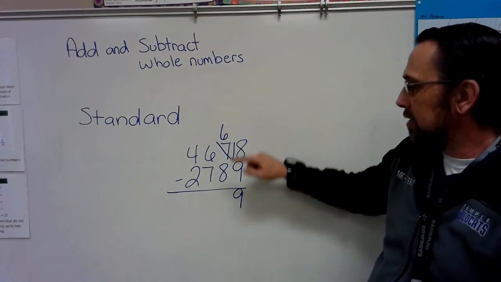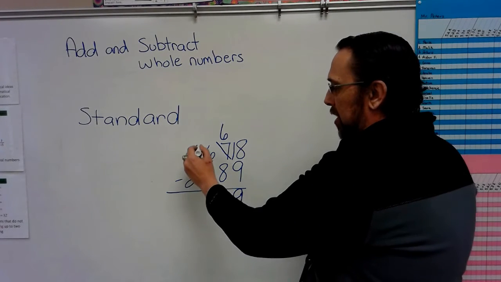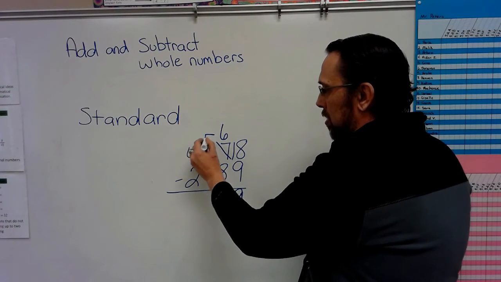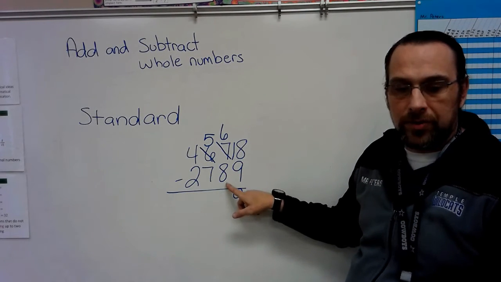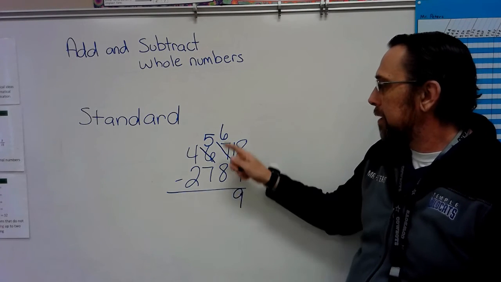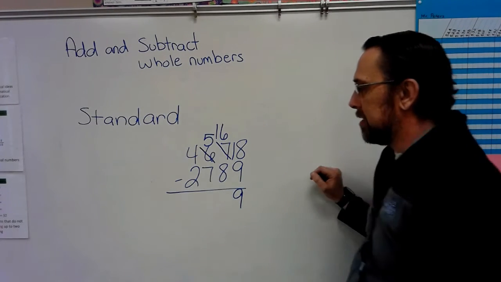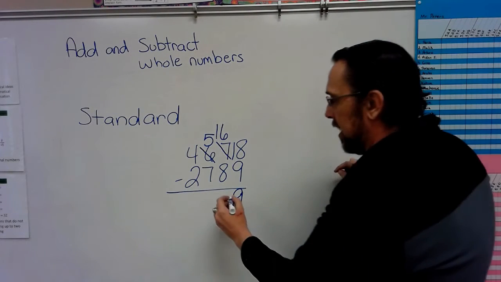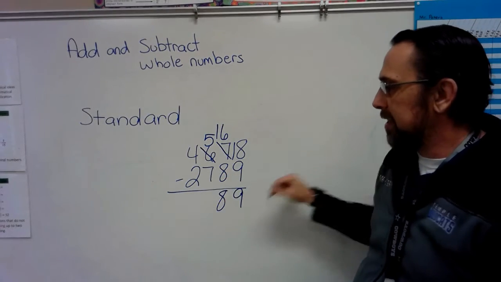Now I have 6 minus 8. Once again, I'm going to have to borrow, and I'm borrowing because the number on top is smaller than the number on bottom. I borrow 100 from there. This becomes 16. 16 minus 8 is 8. 5 minus 7.